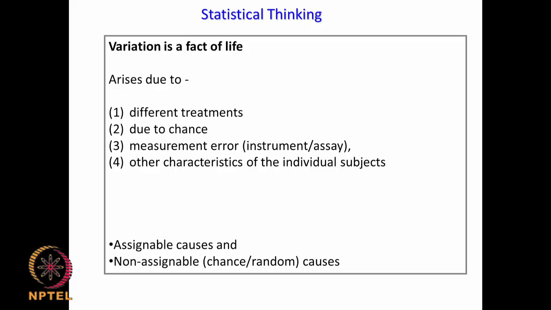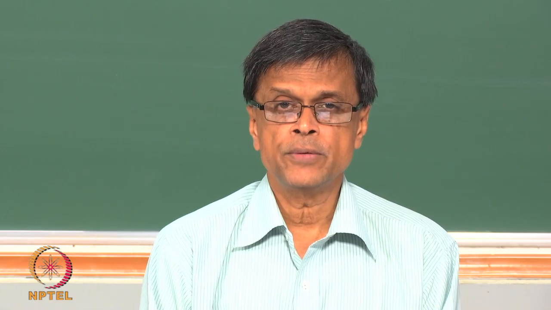Okay. So as you know, variation is part of life. You cannot have a situation where there is no variation. If I have to reach my office every day at 10 o'clock, I will reach some days at 10 o'clock, some days at 10:01, some days at 10:02, some days at 9:59, some days at 9:58.